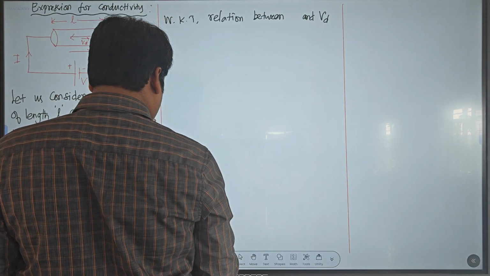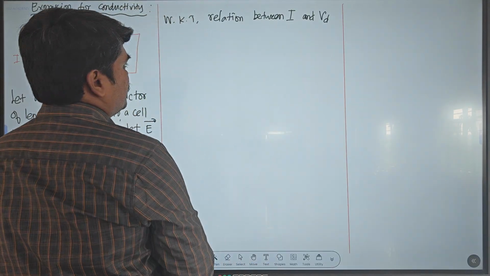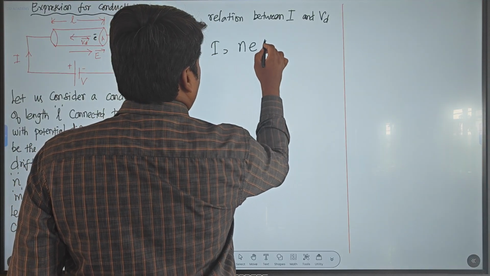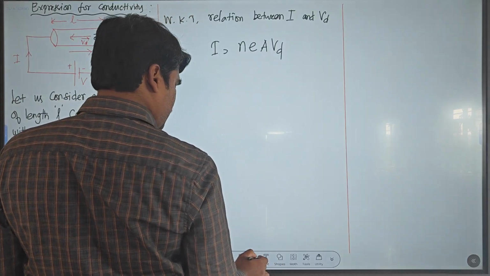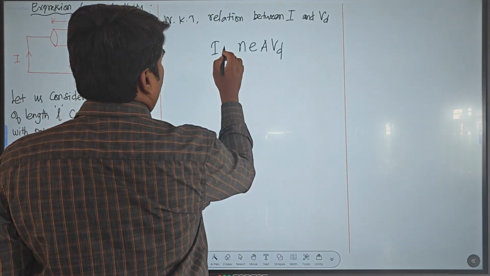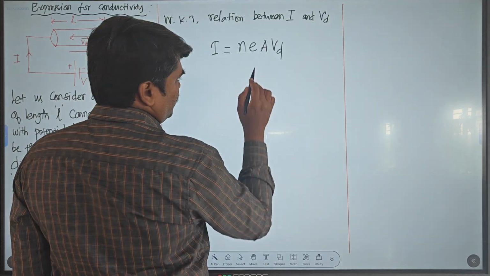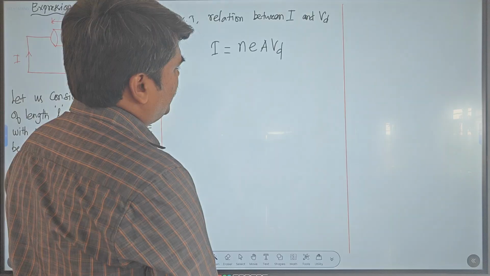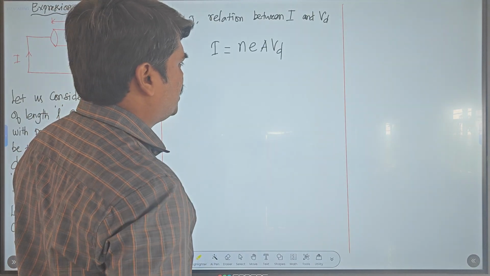That is I equals to N e A Vd, where this symbol stands for number of electrons, charge of an electron, area of cross section and the drift velocity. This derivation is also there in 3 marks. It can be asked for drift velocity and relation between current. That we shall see in the other section, not in this section.